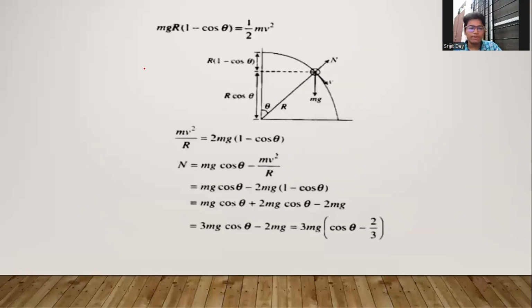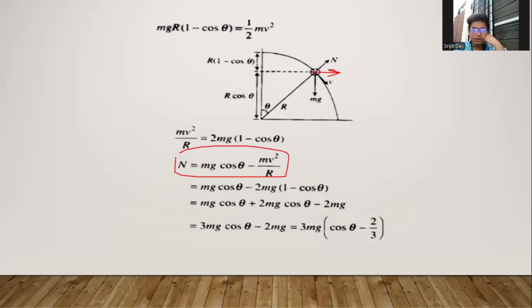Okay. If you do the basics again, as I said, you need to do the force balance. So mv square by r is your centripetal force, which is working outward. And then you will have a normal force, and in this mg, in this 1 minus cos theta will be your, from the trigonometry you will get it. And then your normal will be this. You can understand very well because normal force is this.